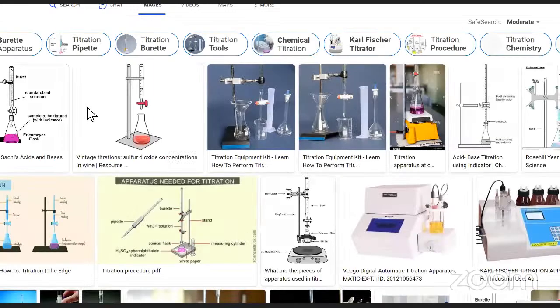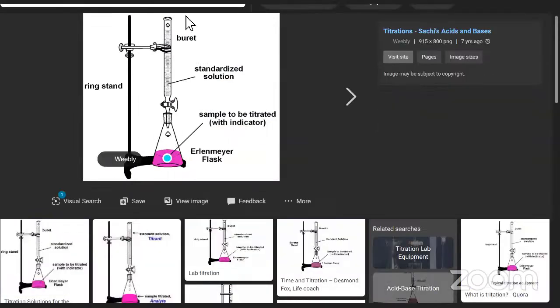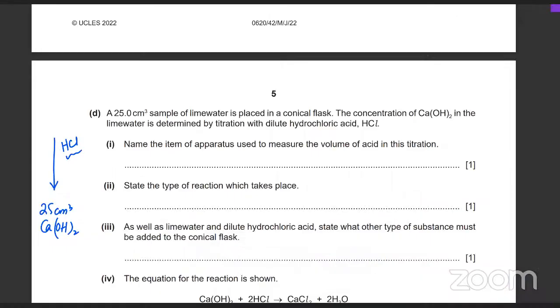You might be asked to draw a titration apparatus, so that's your typical one. You put one substance in the conical flask, and from above you add another substance from a burette. There's a tap, and that tap is used to add more or less. You can stop the tap at any point. So that's your typical titration apparatus. Name the item of apparatus used to measure the volume of acid in this titration. So that's a burette. Okay, clear?